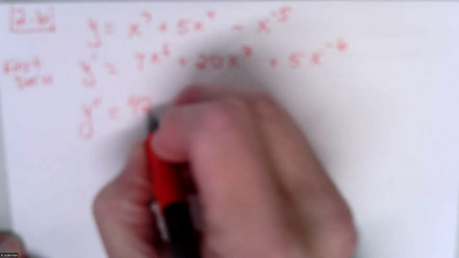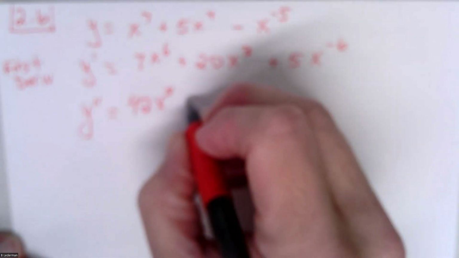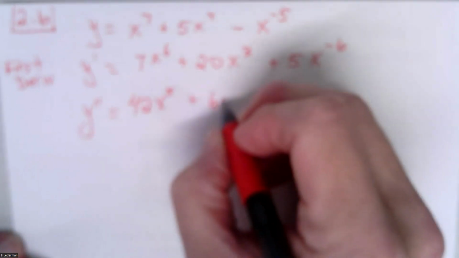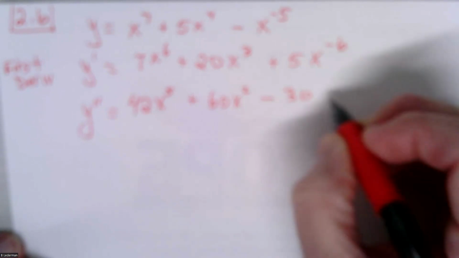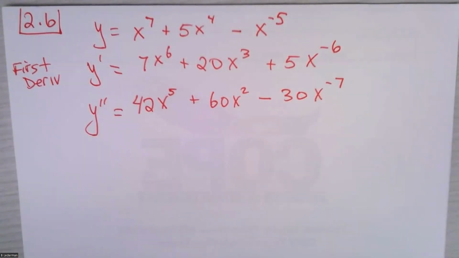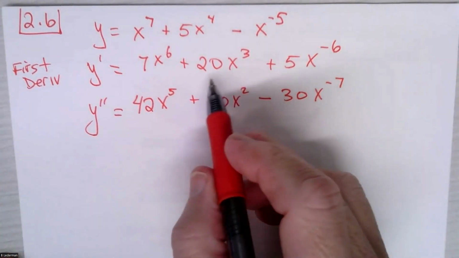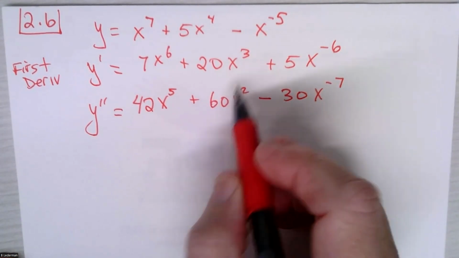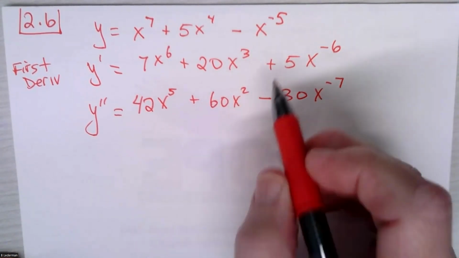Y double prime is now going to equal 42x to the 5th plus 60x squared minus 30x to the negative 7. How did I get these numbers? 6 times 7 is 42, and the 6 rolls down to a 5. 3 times 20 is 60, and the 3 goes down to a 2.